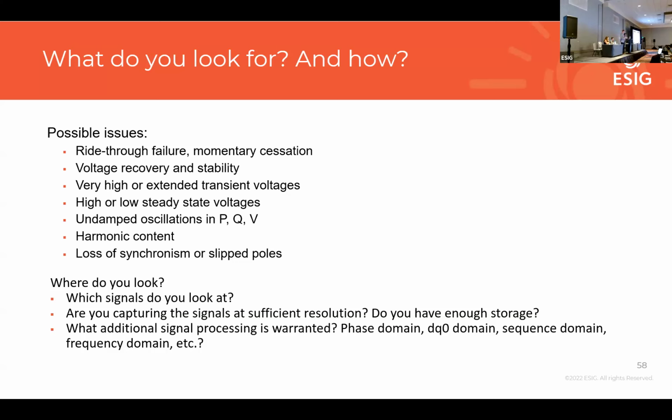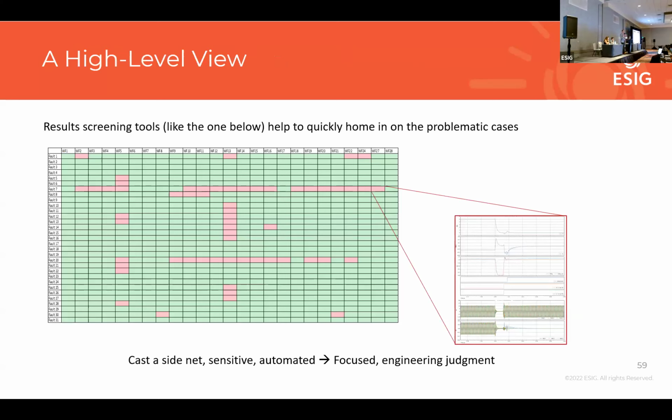So other practical things, like what signals do you look at? We're talking about easily many thousands of individual signals per case, and they're coming out in kind of the raw phase quantities. Do you have to look at RMS? Do you have to look at frequency domain? Do you have to look at DQ? And there's a whole bunch of other aspects of that.